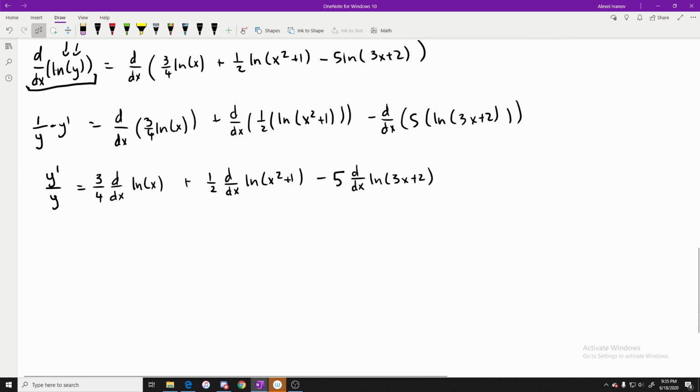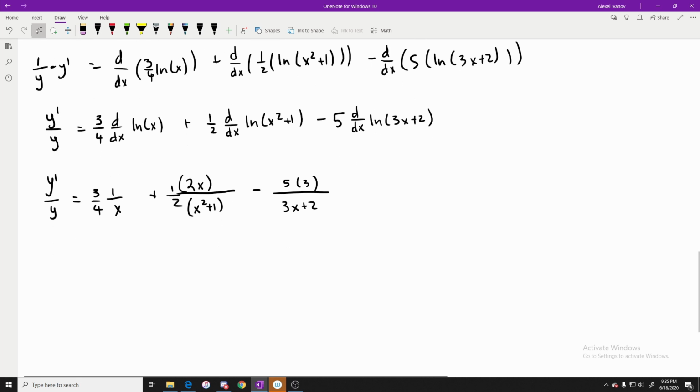So there we go. And now we have these ln functions left to deal with, and we know how to take their derivative, so I'm going to go ahead and do that now. So there we go. All that's left to do is to simplify.